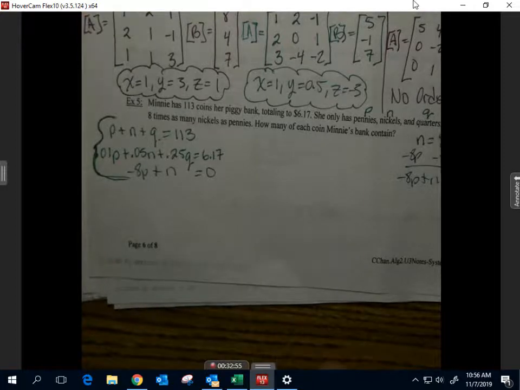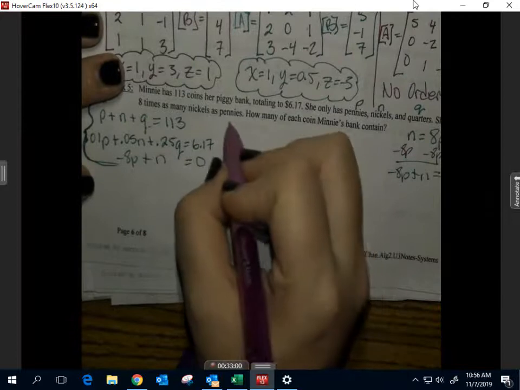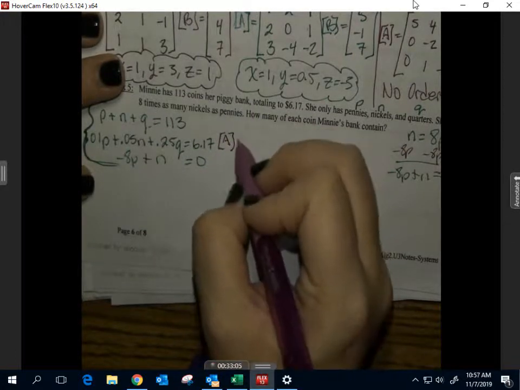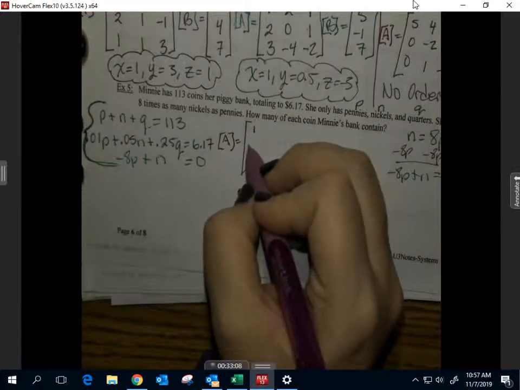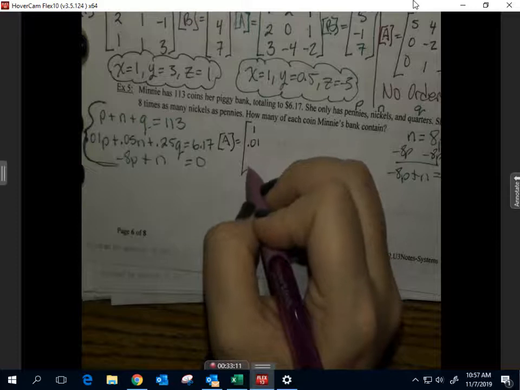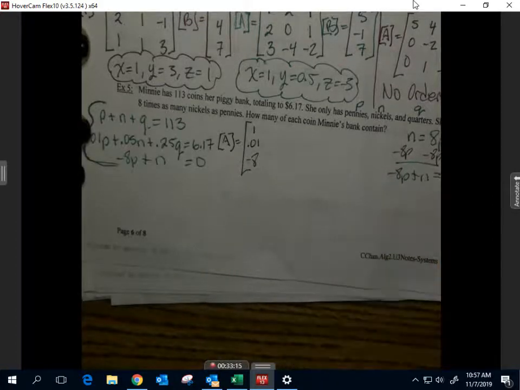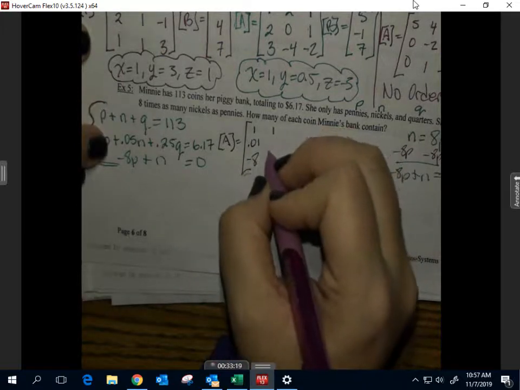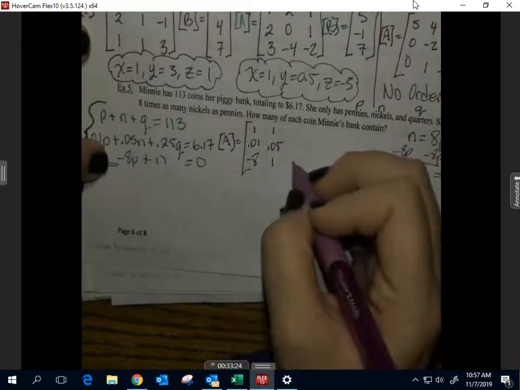So now I have my system, I can make my matrices now. Matrix A is going to be 1, 0.01, and negative 8. My second column is going to be 1, 0.05, and 1.